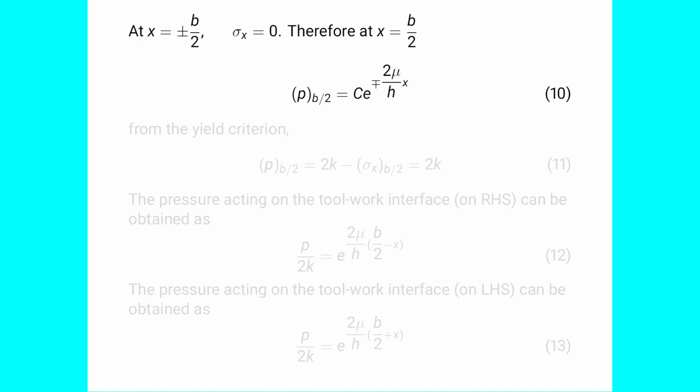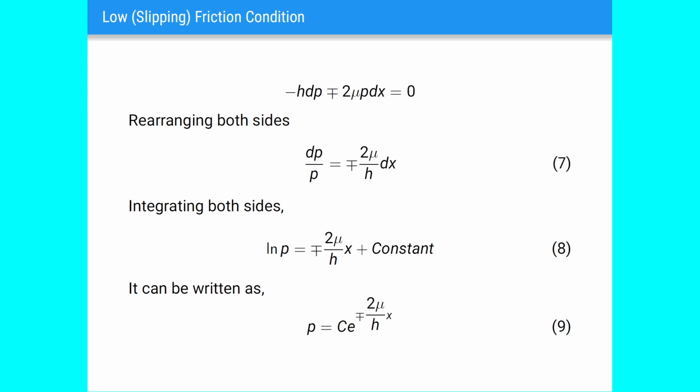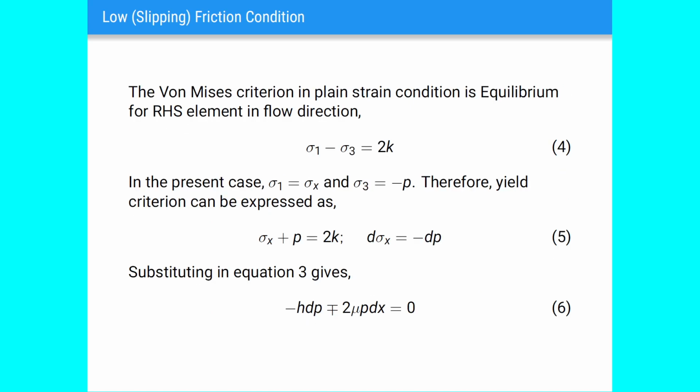Now from the yield criteria, if you look at the boundary conditions, in the previous equation you had sigma x plus p equal to twice of k. So at the boundary, at x equal to b by 2, sigma x will be 0, and p at b by 2 will be equal to 2k.